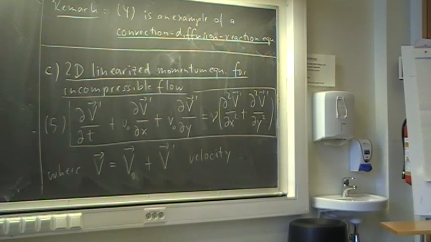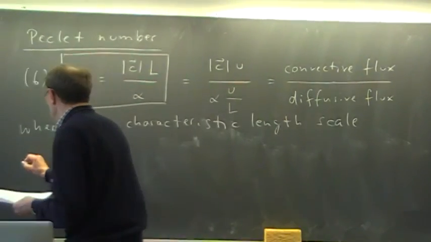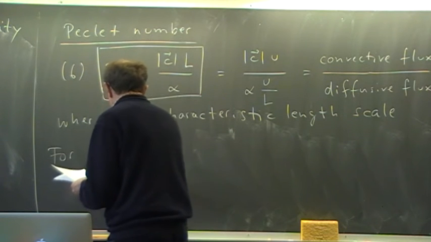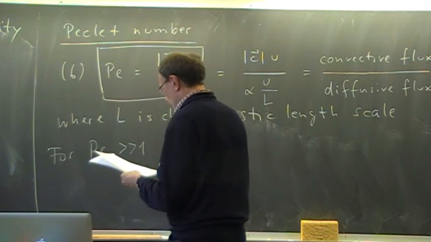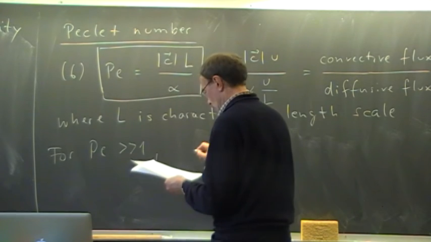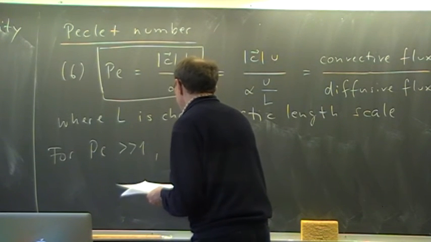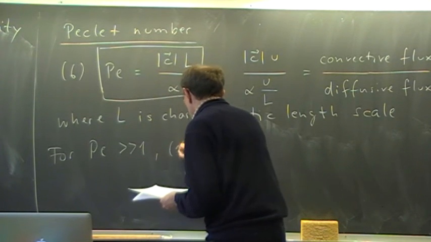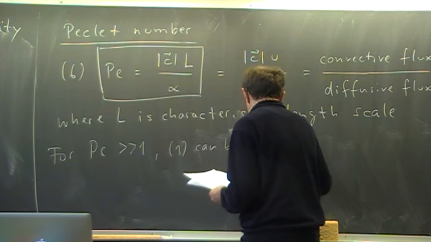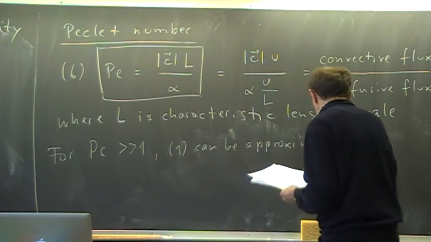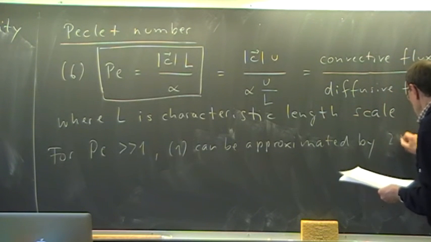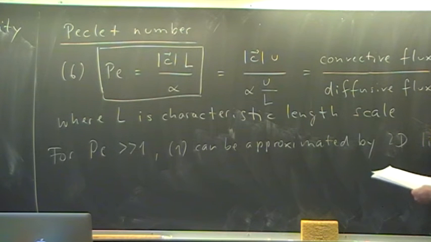Just the remark that I just made regarding the case where the Peclet number is much larger than 1, then it can be approximated by the 2D linear convection equation.